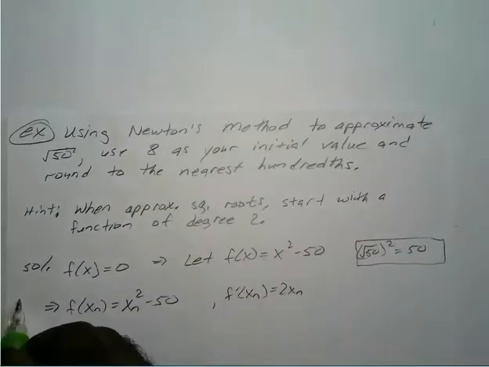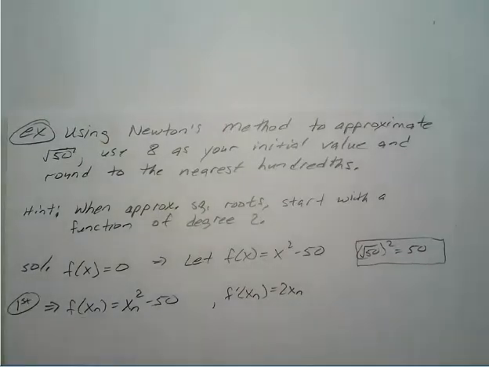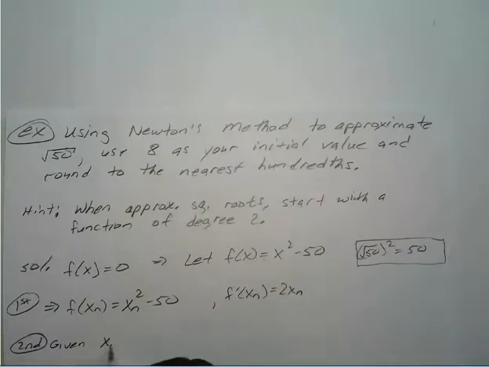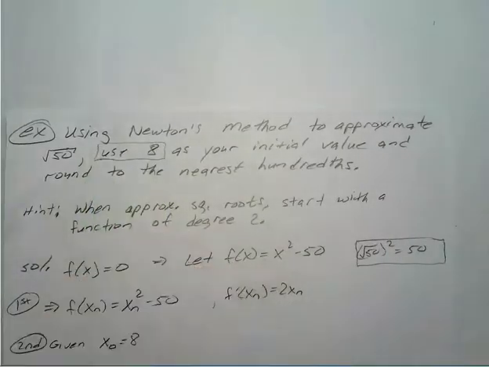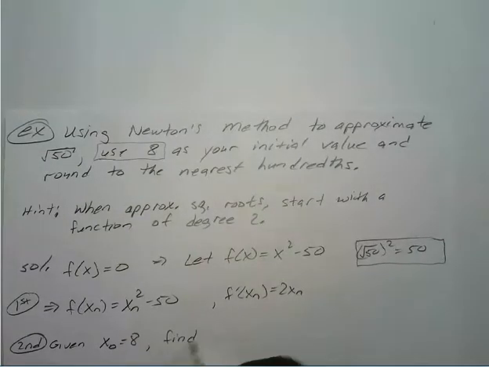Alright, so we have the same first step here. Alright, so for our second step, given that our x of 0 equals 8, because remember, that's what they gave us, we want to find our x of 1. Again, that's when you make n equals 0.